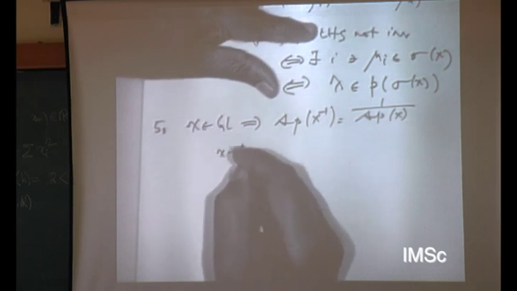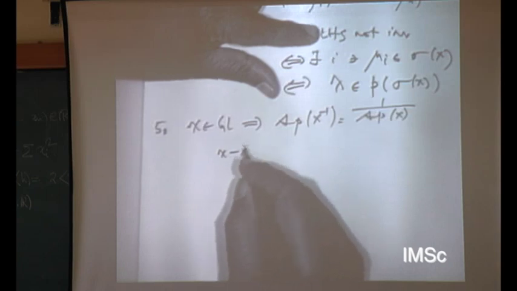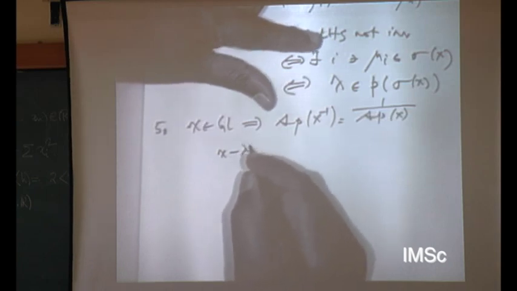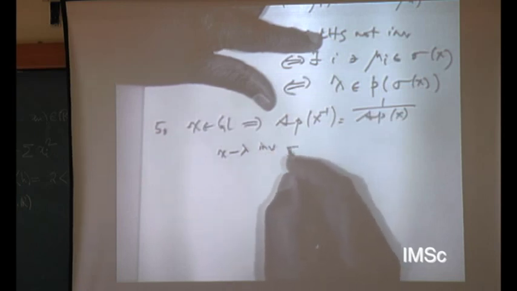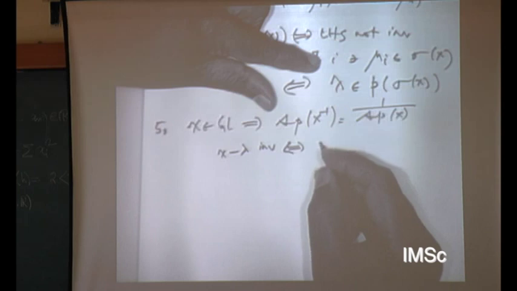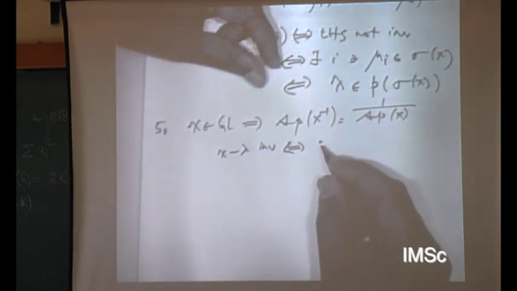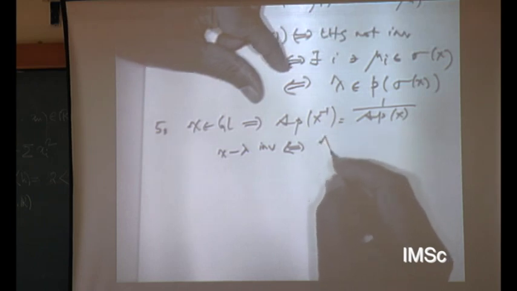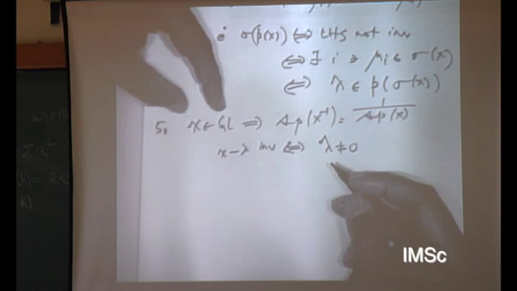First, lambda can't be 0 because we assume that X is invertible.